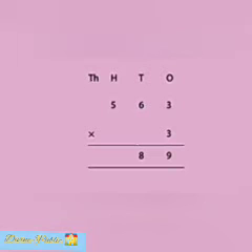Write 8 under the tens column and carry 1 to the hundreds column. Multiply the hundreds. 5 into 3 equal to 15 plus 1 is equal to 16. Write 6 in the hundreds column and 1 under the thousands column. So the product is 1689.